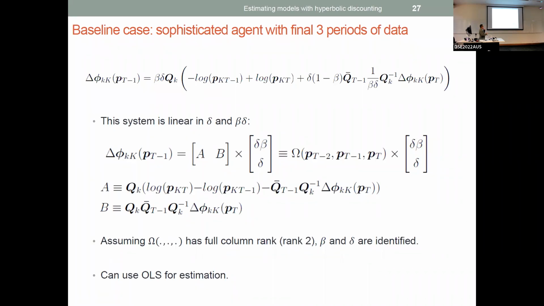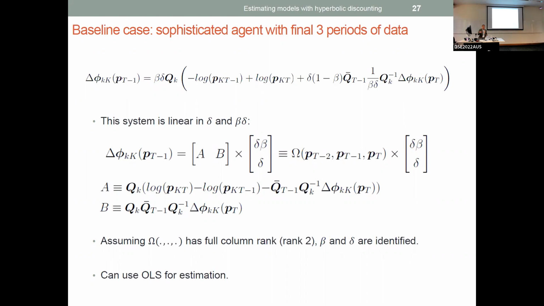And these are pure features of the data. So these are the elements that we obtain from this system of equations. And if we assume this omega has full column rank, then beta and delta are identified, and they can be estimated using OLS.